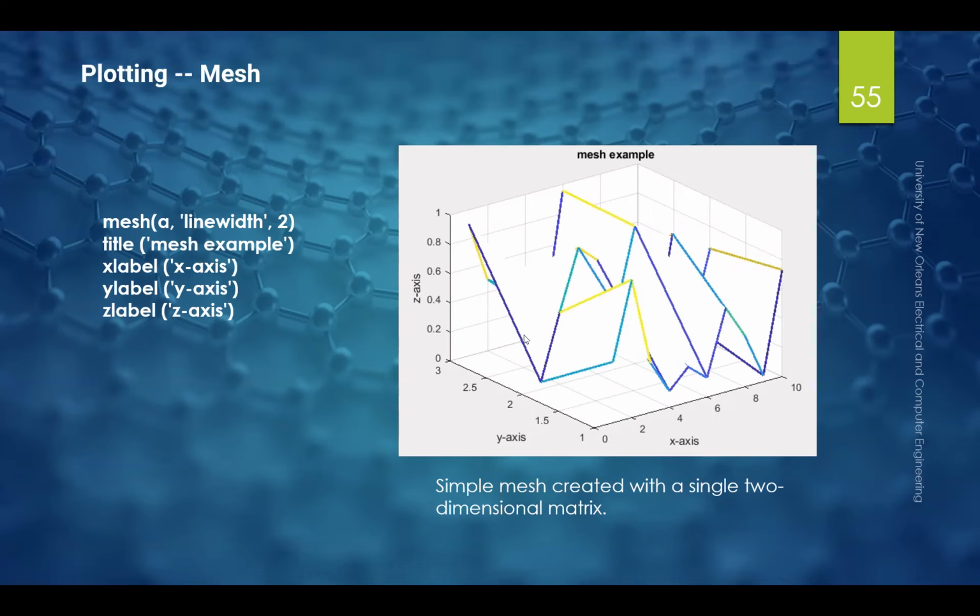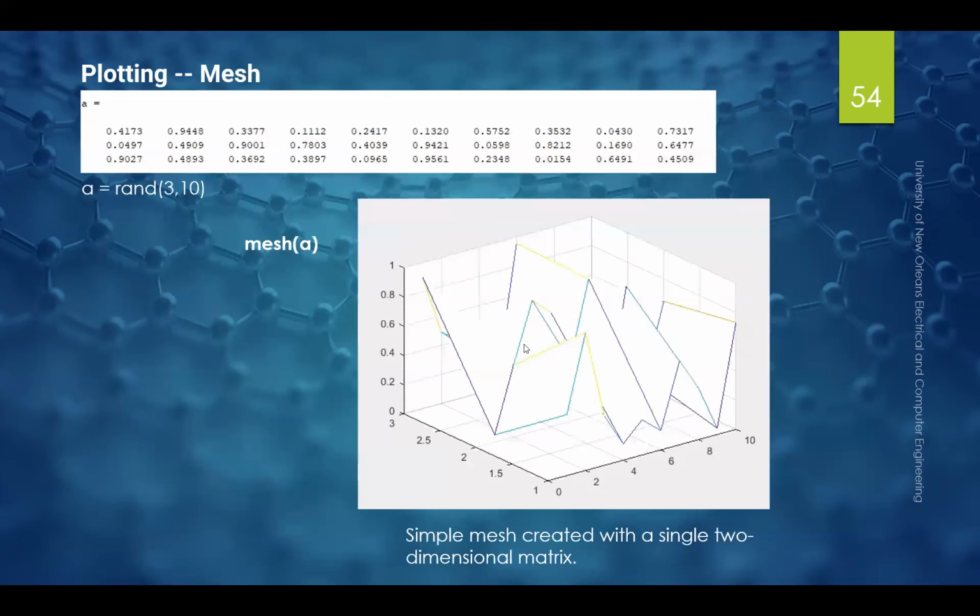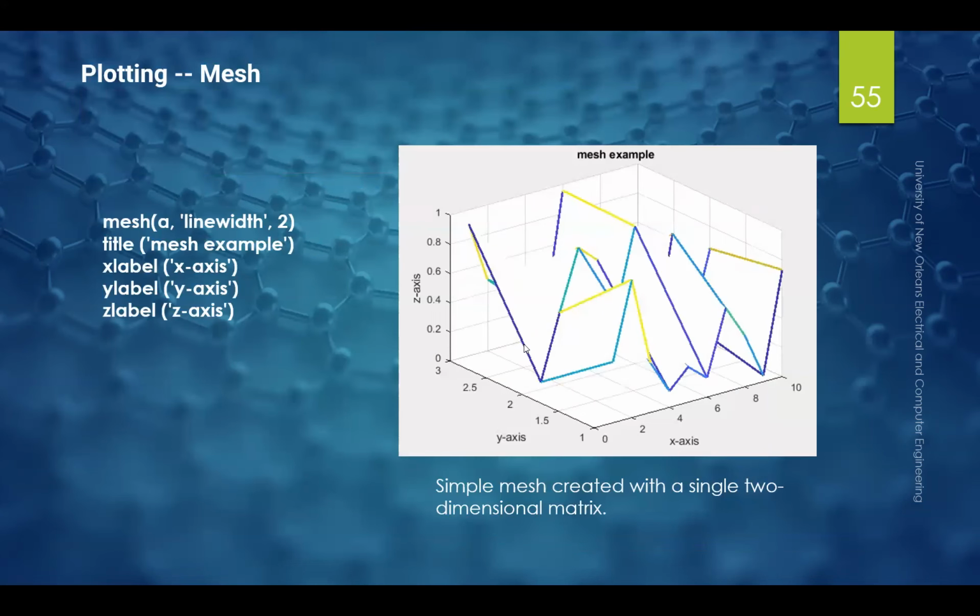We put a title and we label the axis: X label, X axis, Y axis, Z axis. Just like we did with the regular 2-dimensional plots, but again, just to show you that you can use the same commands to label your plots any way you want. You can put a label like before, put multiple titles, and so forth.